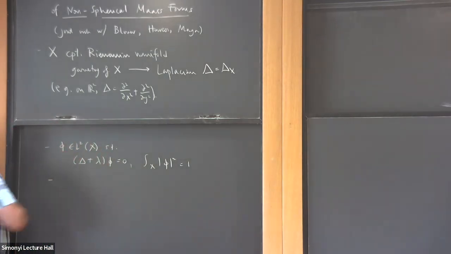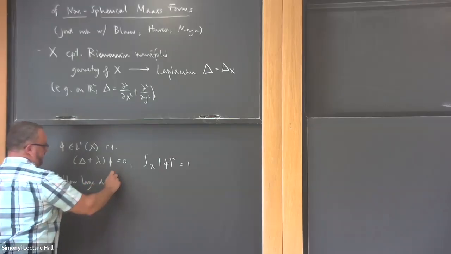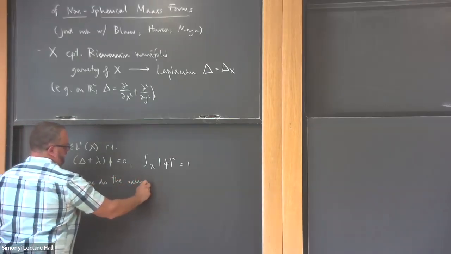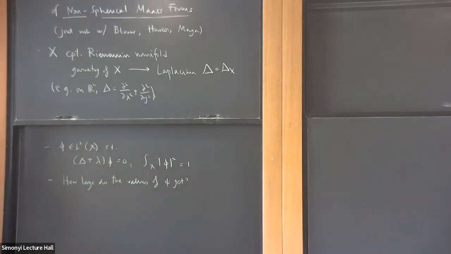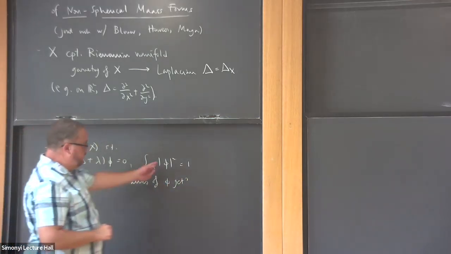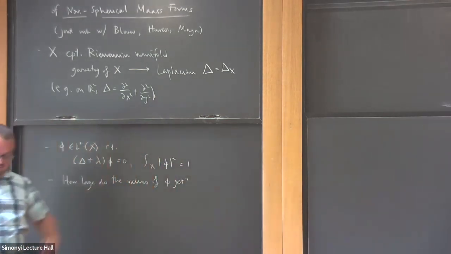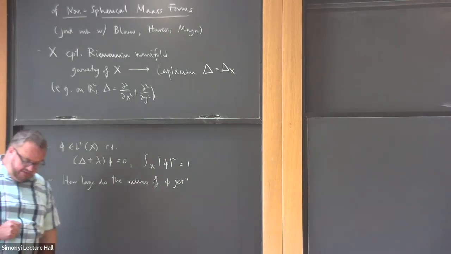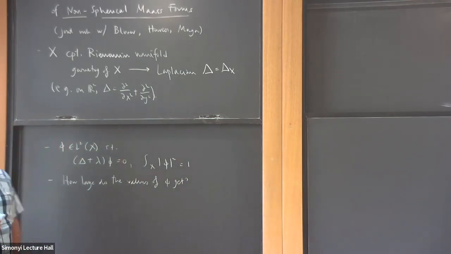And so one question that I like to play with is: how large do the values of phi get? The way to think about this question is, again, the total mass of this form is 1, but it is a highly oscillatory object. So you're basically asking how this mass is distributed over the manifold.